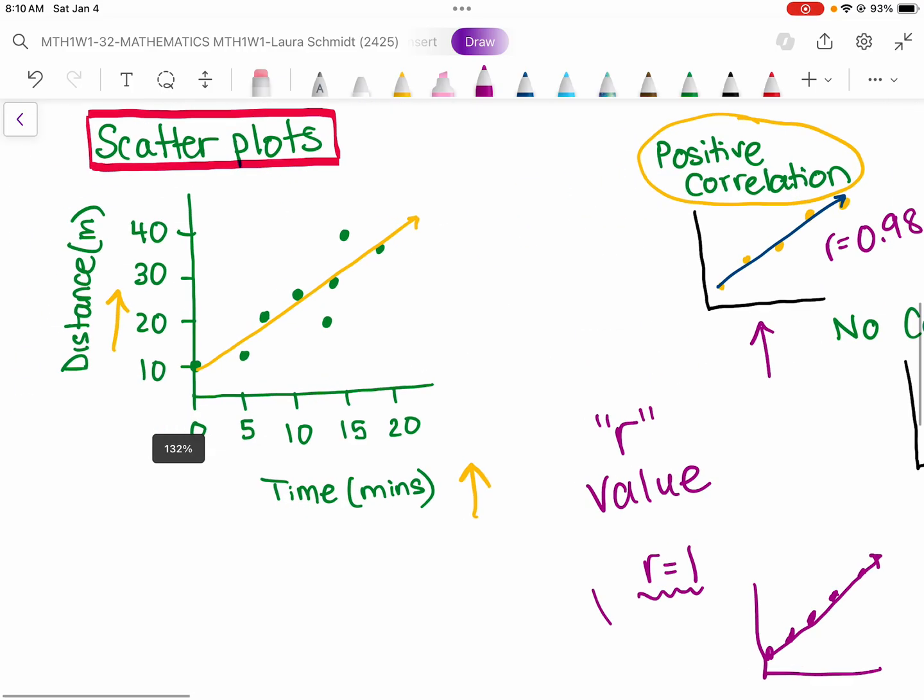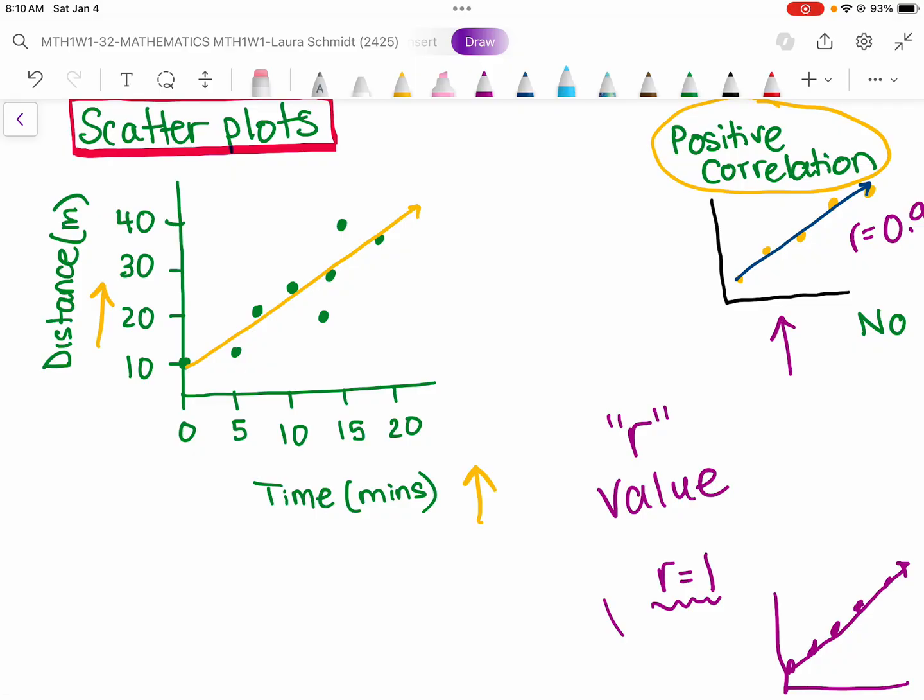You can also use something called extrapolation and interpolation. That's when we try to estimate stuff within our graph and outside of our graph. So if I wanted to know how far did someone travel in 25 minutes? Well, I'd have to extend my graph and estimate, at 25 minutes, if I were to go up, I think my line would be here. So then I'll go over to the graph.